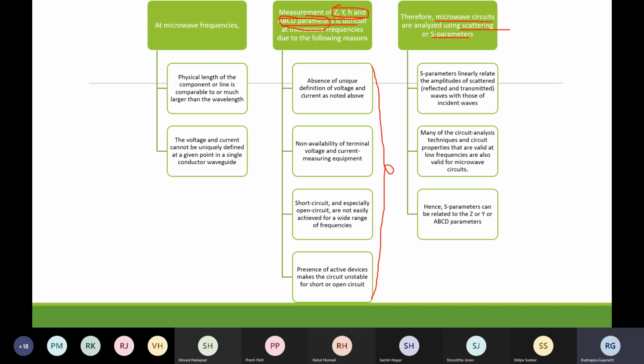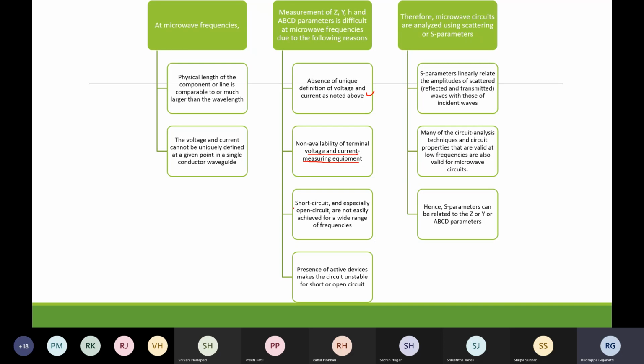It is because of the absence of unique definitions for the voltage and currents, since the length will be comparable to or much larger than the wavelength. This is where the distributed network theory comes into play. And we also don't have the equipment for measuring these parameters, that is, the voltage and current parameters.